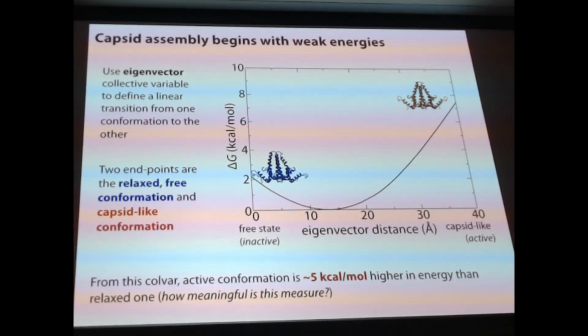I calculated a free energy for this process and found, maybe you can say it's luck, that the capsid-like state was higher in energy than the free state by about 5 kcal per mole or so. We're pursuing this a little farther now to see if this is really a reliable result, but it does seem to agree at least with the numbers estimated from experiments.